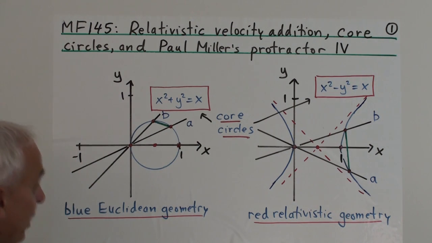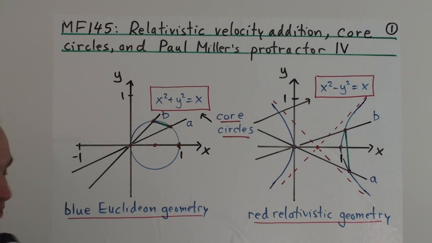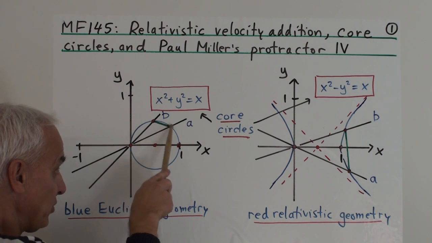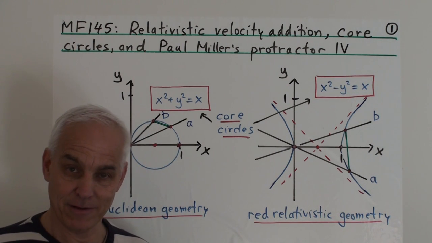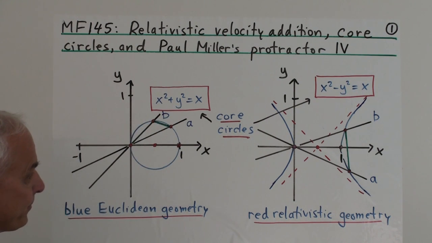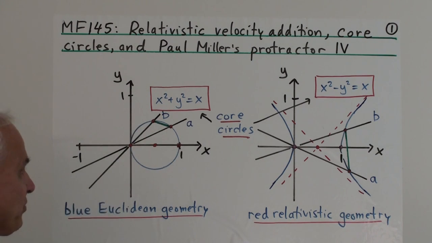Because in particular, the projective quadrants between two such projective one points turns out to be equal to the Euclidean quadrants between those 2 points, the points where these two lines meet our core circle. And also Paul Miller's protractor applied in this situation.